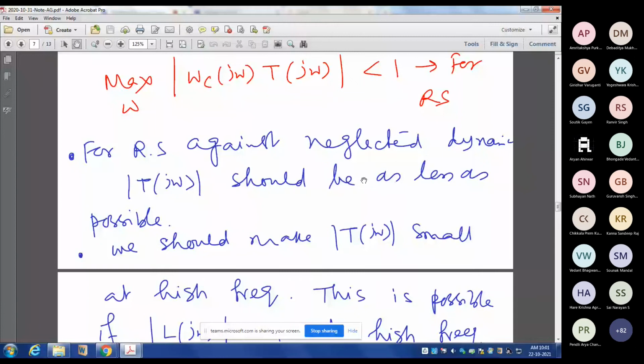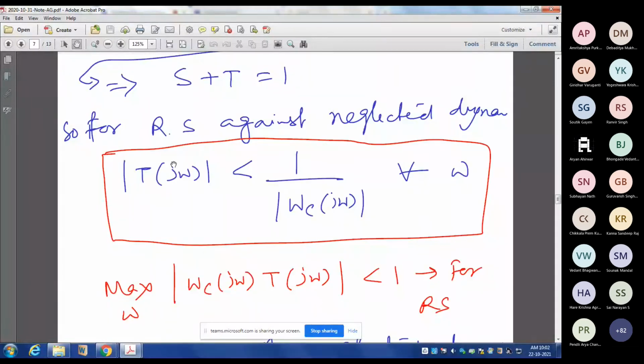So from this what we have got is that T(jω) at high frequency, if there are neglected or unmodeled dynamics, should be as small as possible, because this Wc(jω) magnitude is dominant. Wc(jω) is dominant at high frequency.